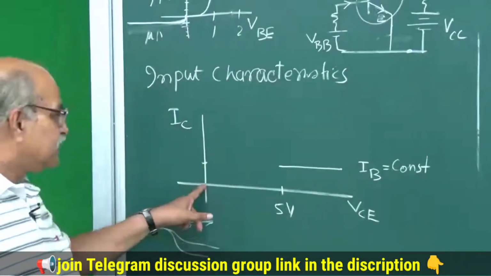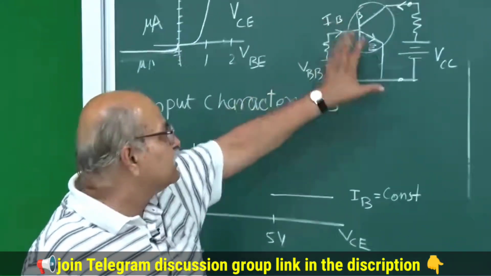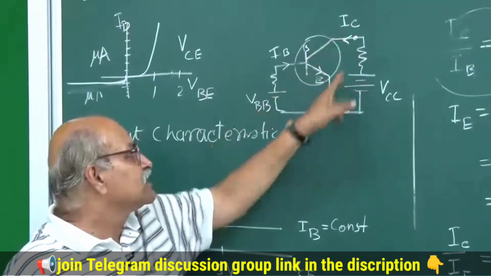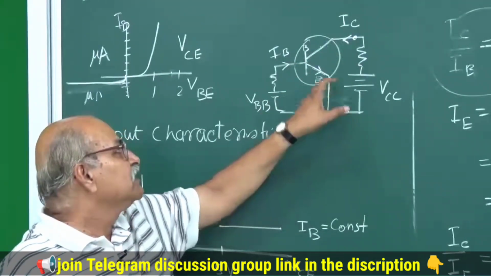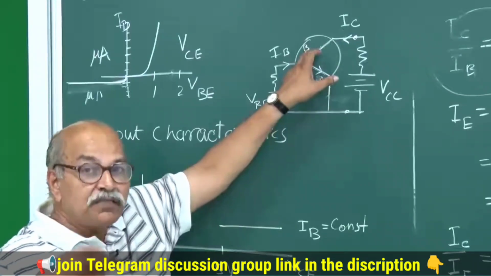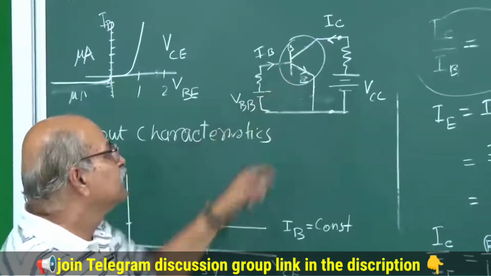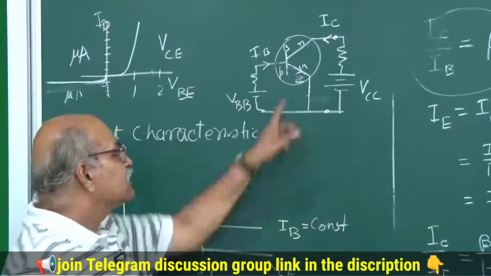Suppose VCE is 0, and this junction is forward biased, fine. Electrons are being injected here, but what will happen? If VCE is 0, then VCB will be positive, forward biased, because remember this is N, this is P and this is N, and this junction is forward biased.